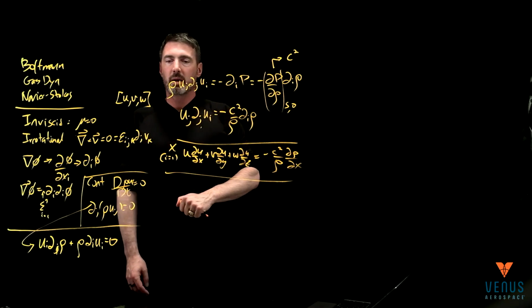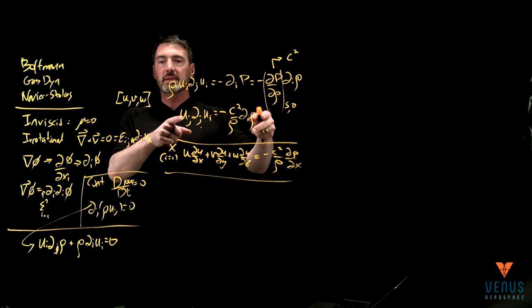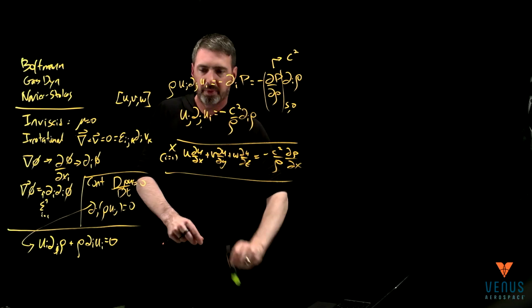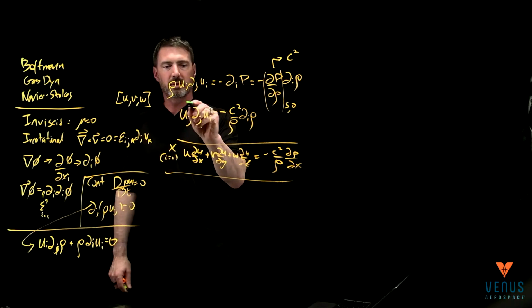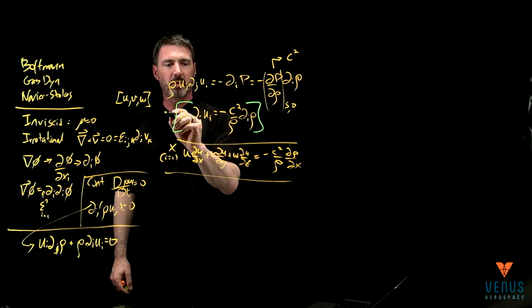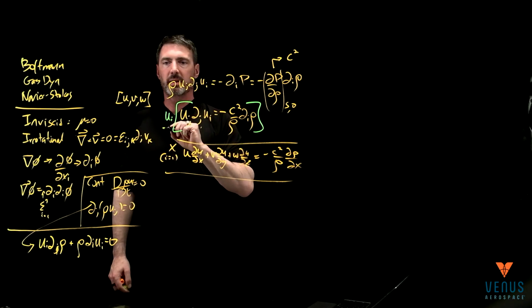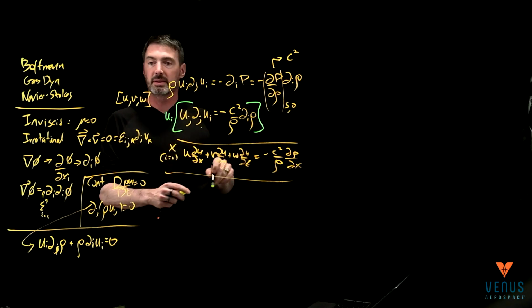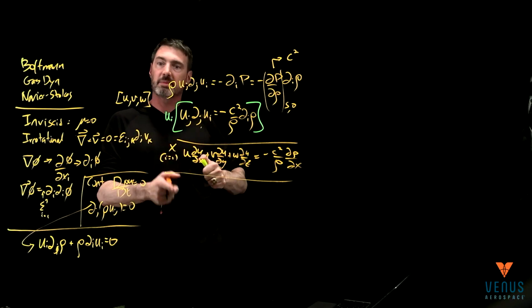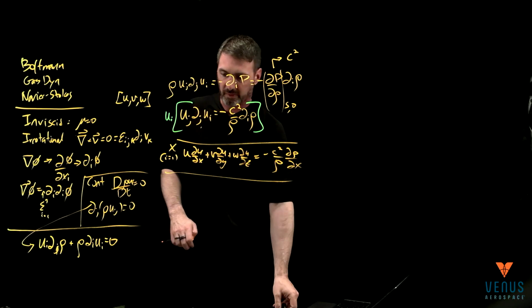Okay, so I'm going to multiply this momentum equation. I'm going to come up here, use a different color, and take this whole thing, and I'm going to multiply it by u_i.